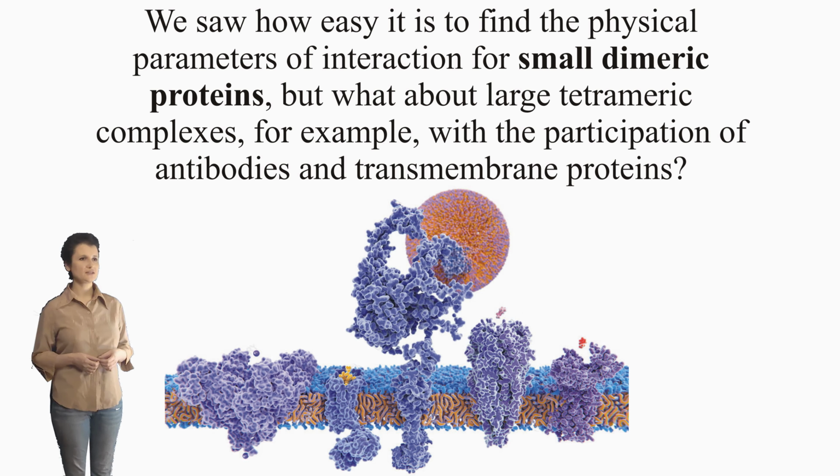Thus, the program calculates the physical parameters of the interaction for each modification separately. The obtained data are generated in the form of TXT files and Excel tables, and analyzed manually. Therefore, graphs are not formed immediately as in the case with dimers. Now we will see what the data entry looks like.